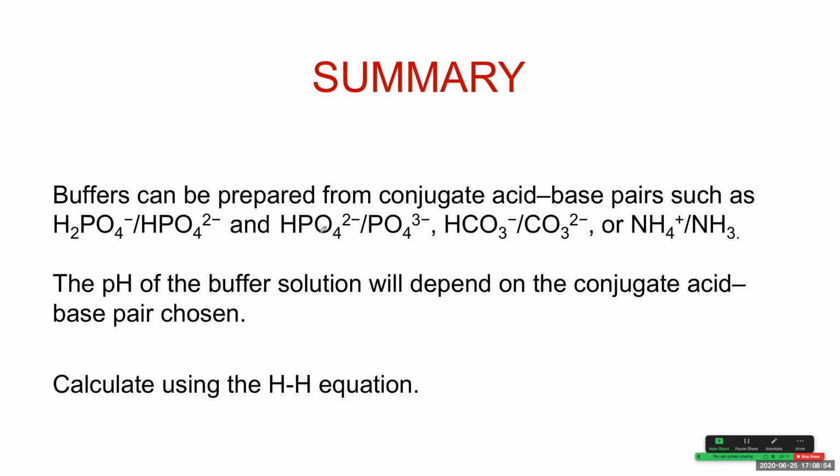There's phosphate, hydrogen phosphate, dihydrogen phosphate, ammonium and ammonia. So these are other combinations of acids and conjugate bases that could be used. Just in summary, the pH of the buffer solution will depend on the conjugate acid base pair chosen, and we can calculate that using the HH equation.